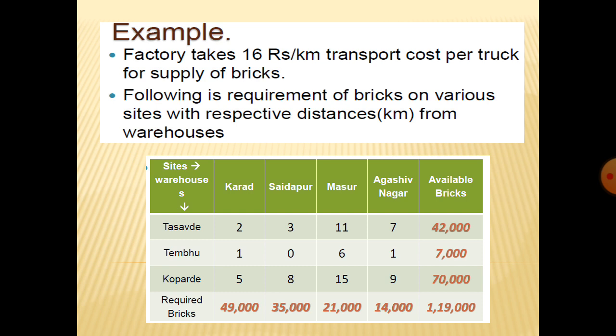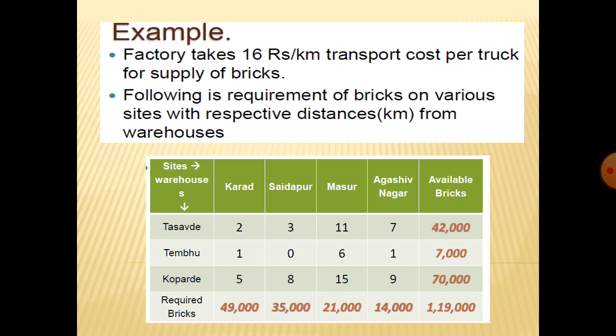First example. A factory takes 17 rupees per kilometer transportation cost per truck for supply of bricks. Following is the requirement of bricks on various sites with respective distance from the warehouses.